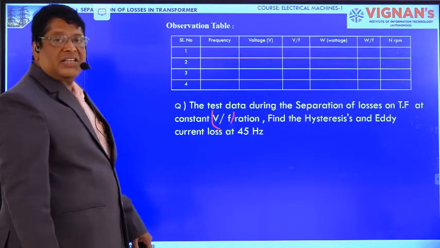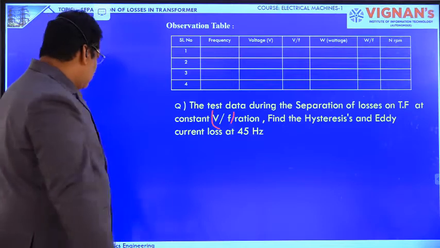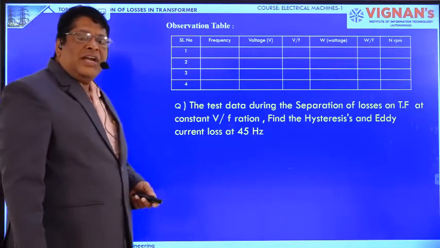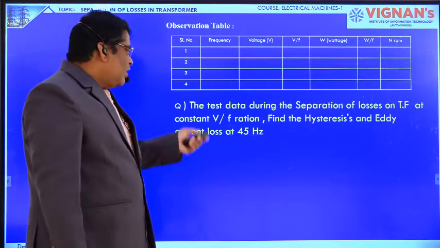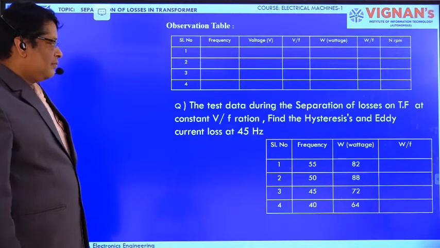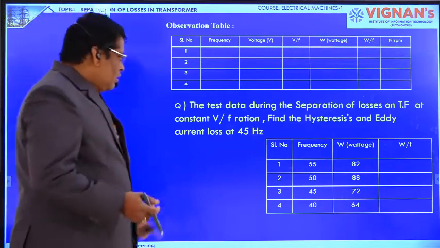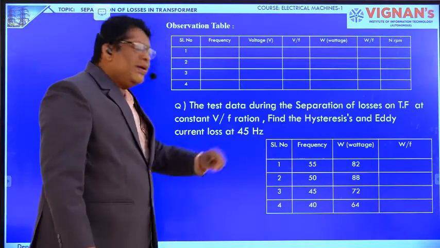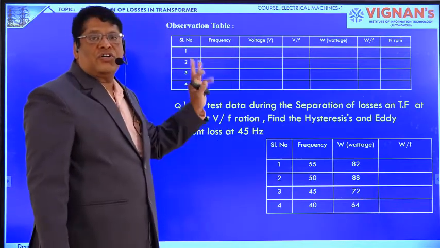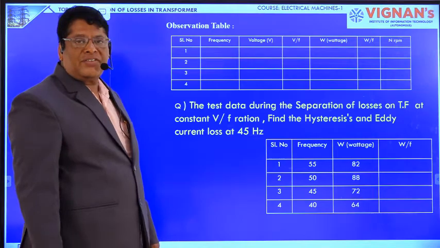Then they ask you to find how much is the hysteresis loss and eddy current loss at 45 hertz. This is the data. The frequency and wattmeter reading are given. All these readings have been taken at a constant V by F.